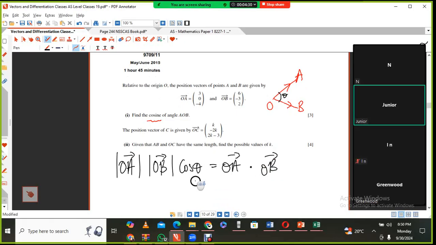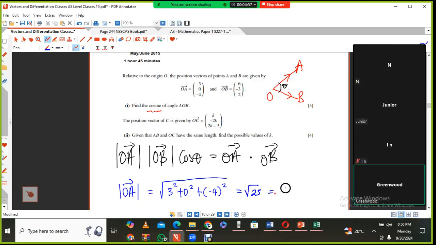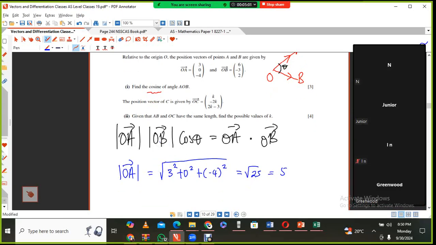So we know what OA is. Let's do it in parts. Let's find the magnitude of OA. The magnitude of OA is obviously 3 squared plus 0 squared. You don't have to put a negative there when you are taking squares, right? Okay, so the magnitude of vector OA is 5.